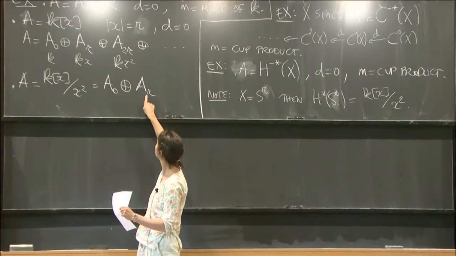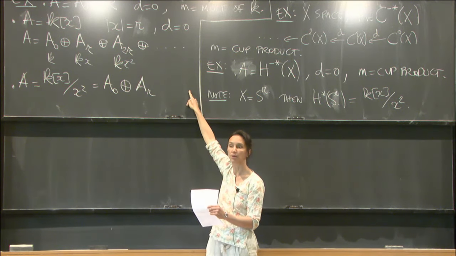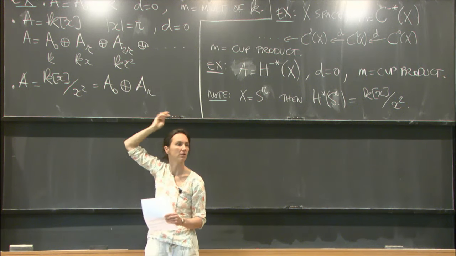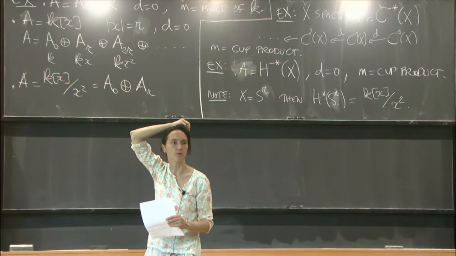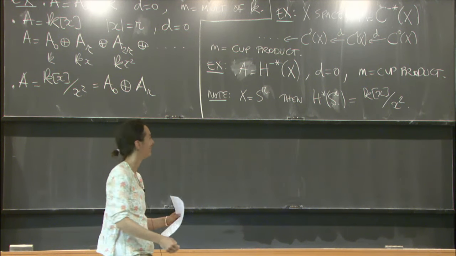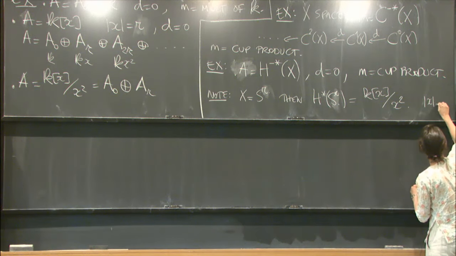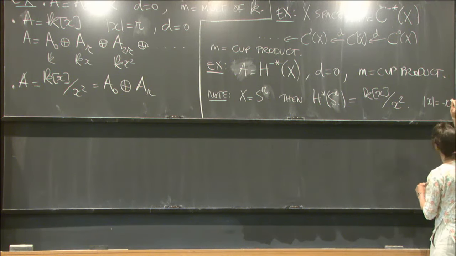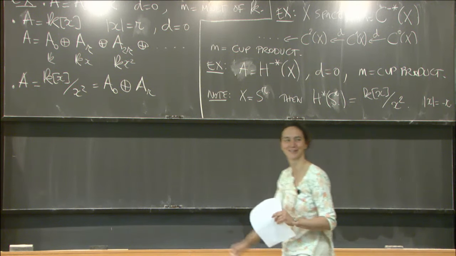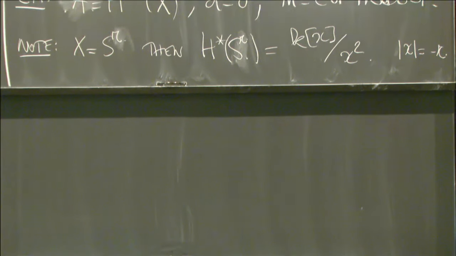And what is the product of this guy with itself? Well, it better be 0 because there's nothing higher up, so we don't have a choice. And I say this is the unit, and that's it, right? X is in degree minus R. Yes, sorry. R could be negative. Thank you. Okay. Let's not worry too much about this minus sign for the moment.